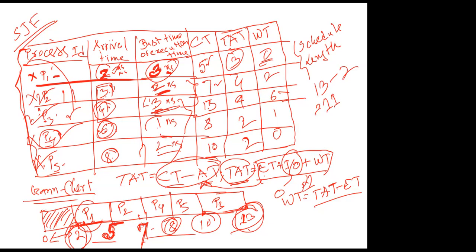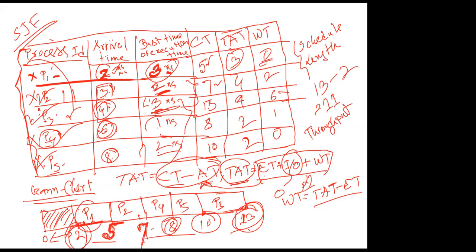Another is throughput. This is also a very important parameter that we'll use in later sections to measure the efficiency of CPU scheduling algorithms. Throughput is the number of processes divided by schedule length.